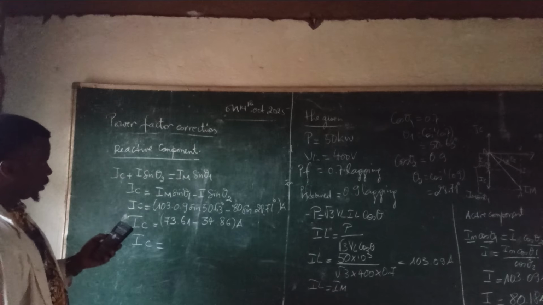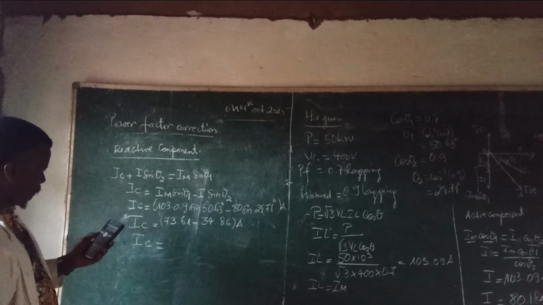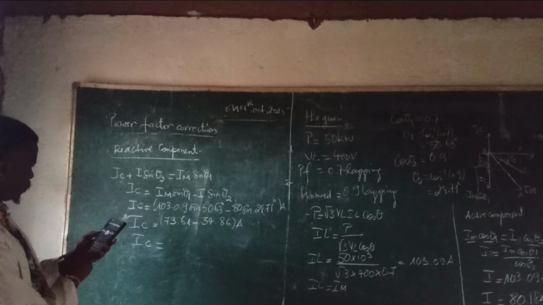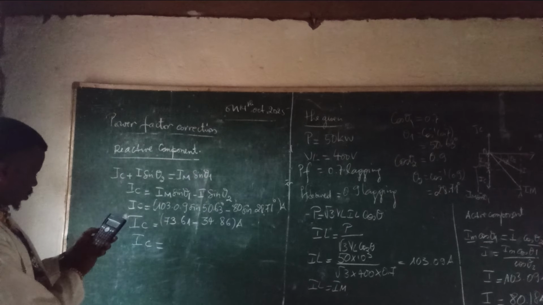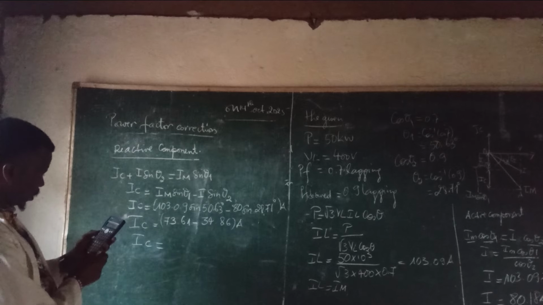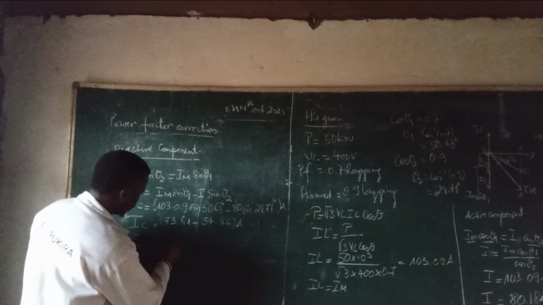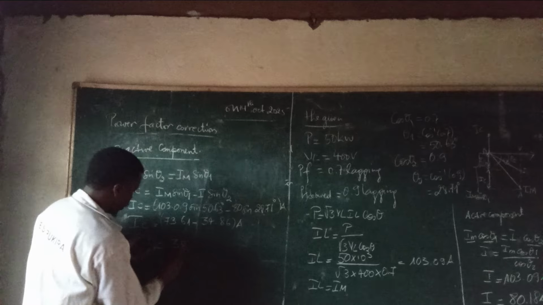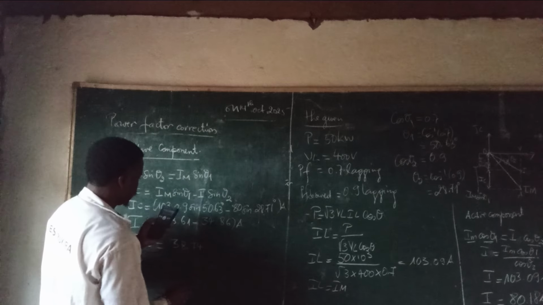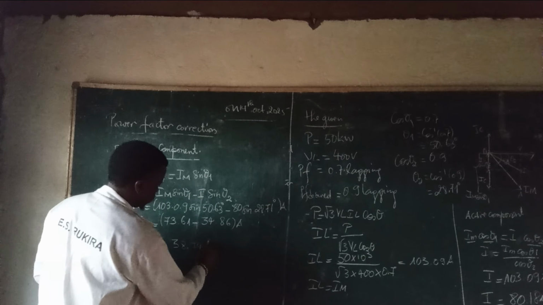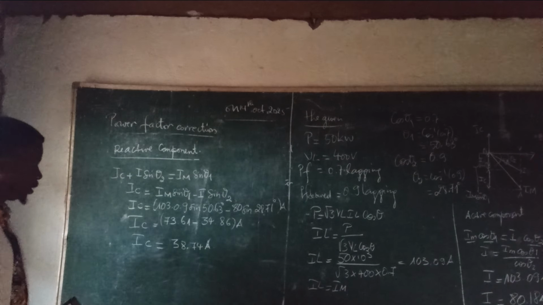Now IC will be 73.61 minus the answer, which will be equal to 38.74 amps.